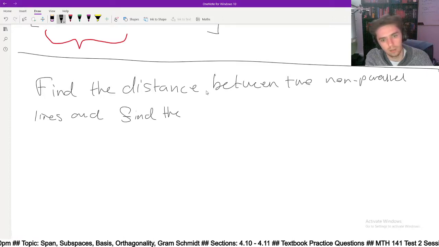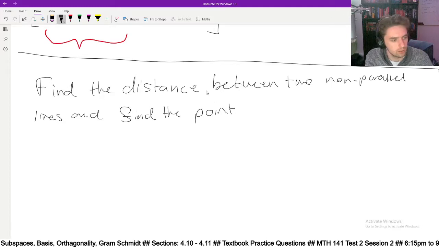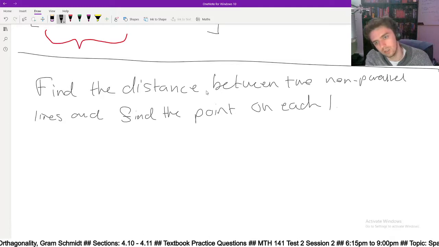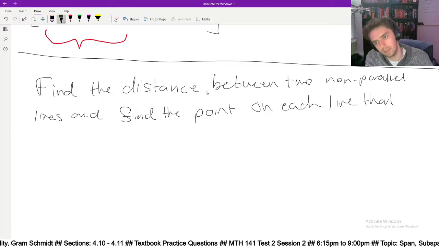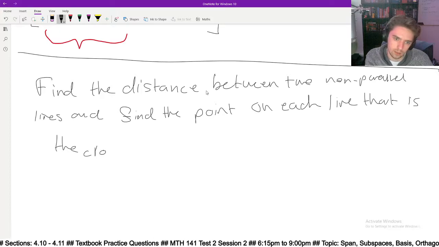Find the point on each line that is the closest.